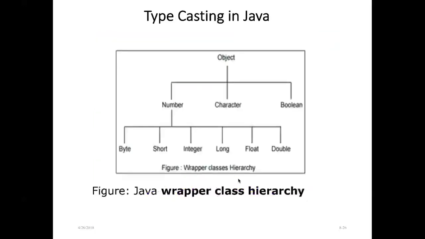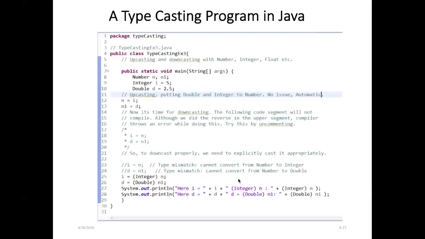That means I have values here, and I am assigning this value upward. Java and object-oriented programming languages do it automatically. There is no problem. Upcasting means putting a Double and an Integer into a Number. No issues, it will be done automatically.